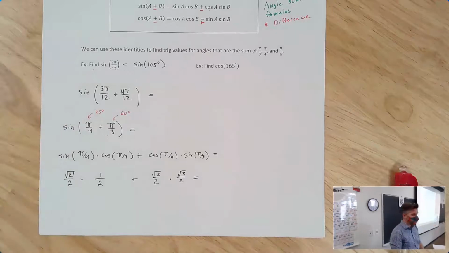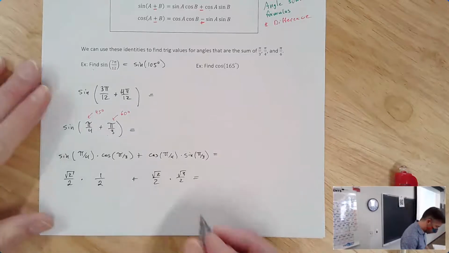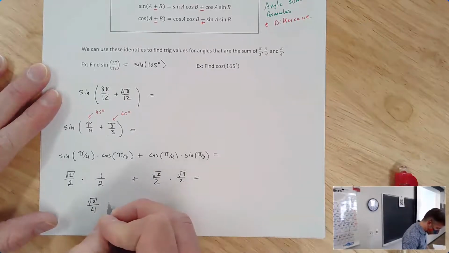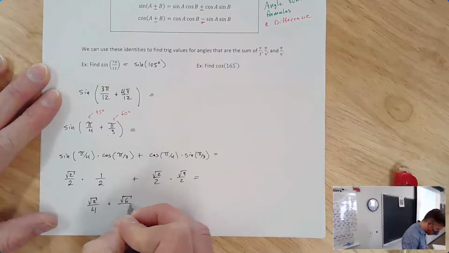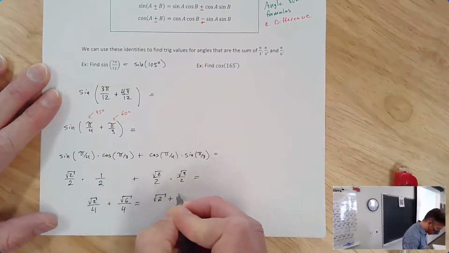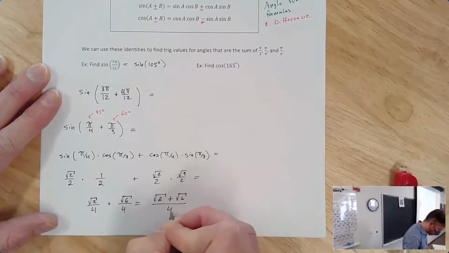And then we do like to add these together, because these answers always come out looking essentially the same. Root 2 times 1 is root 2 over 4, and root 2 times root 3 is the square root of 6 over 4. And then I'm going to write this as one fraction: square root of 2 plus square root of 6, all divided by 4.